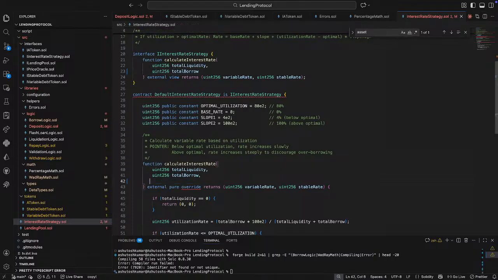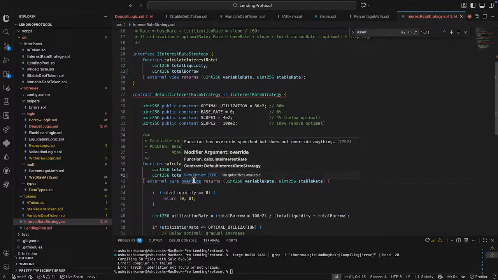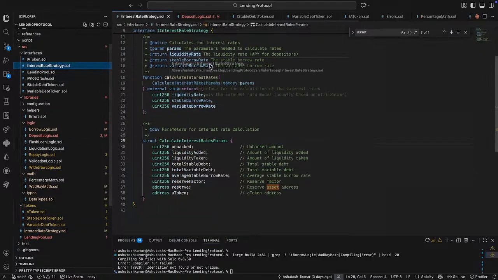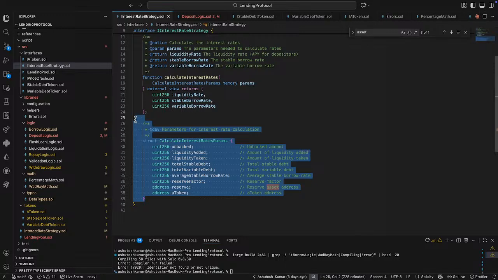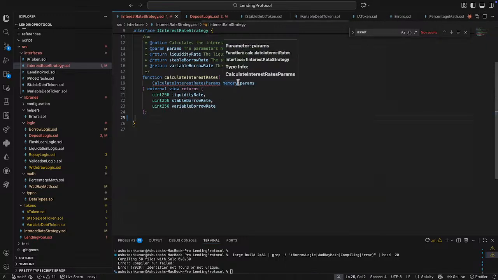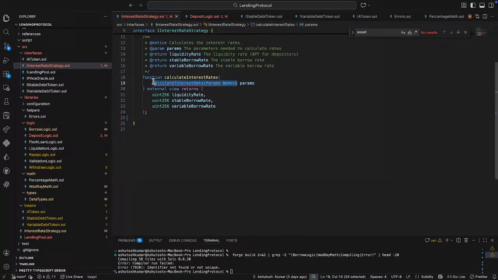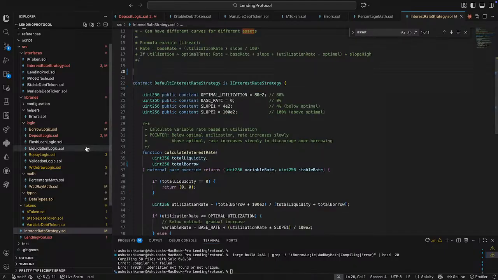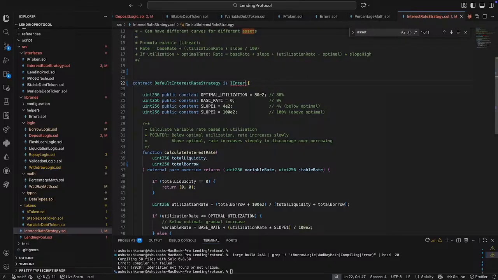Why are you taking struct, brother? Command X, and it's a contract, and it's not overriding anything.